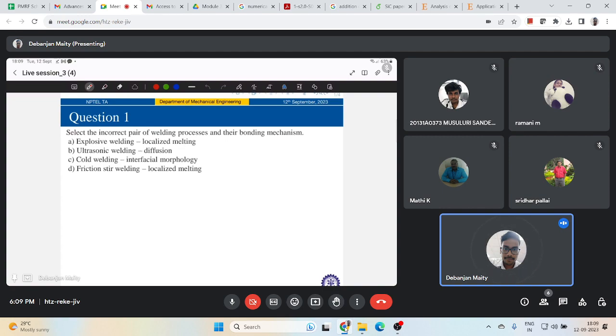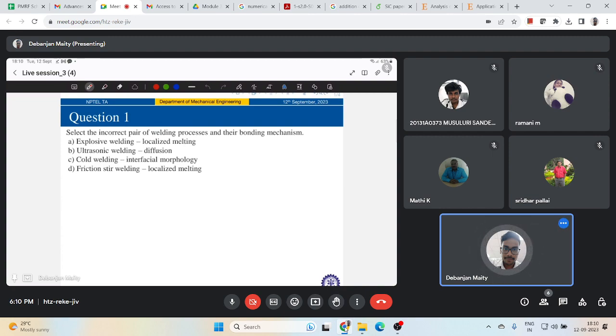Now, to start with, why do you need to join in solid state? Why don't you want some kind of fusion state as happens in arc welding or something like that? Solid state welding is easy to weld metals like aluminum and super alloys.